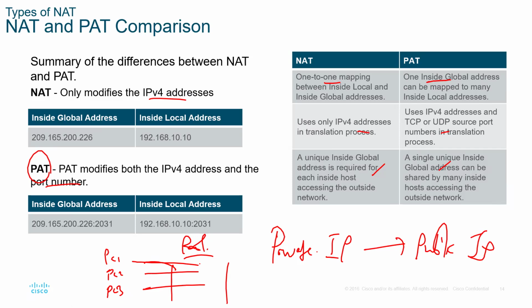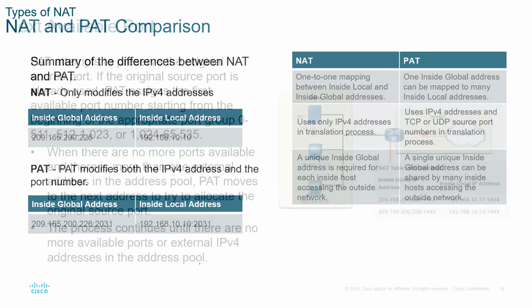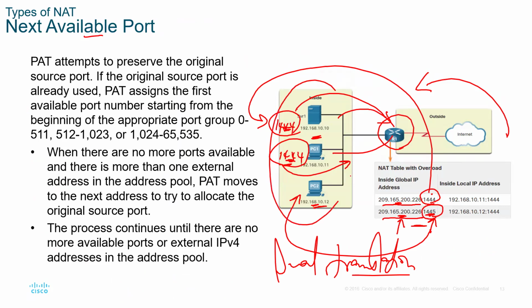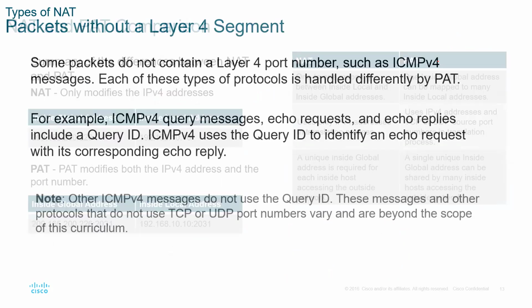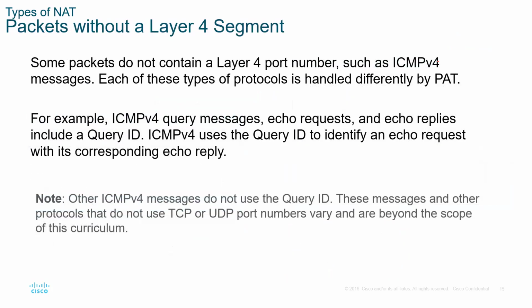We are not conserving any addresses that way. The only way we will conserve addresses is by using port address translation. Why? By the simple fact that multiple devices, all these three devices, can use one public IP. That's where the address conservation comes in. So with static and dynamic no address conservation, with port address translation, definitely we have one.